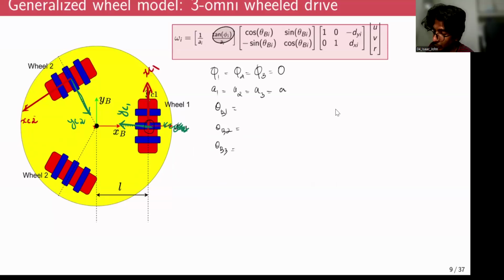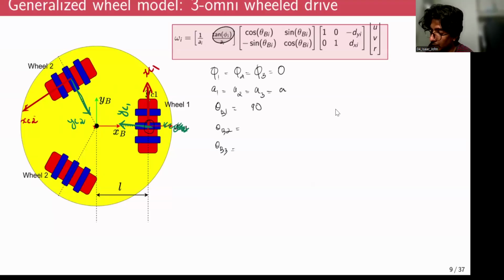But as you can see, XC1 is 90 degrees oriented with respect to XB, and YC1 is also oriented at a 90-degree orientation. Right? YC1 is oriented 90 degrees with respect to YB, and XC1 is oriented 90 degrees with respect to XB. So we can say this is 90 degrees. Theta B1 would be 90 degrees. And what about the second wheel?